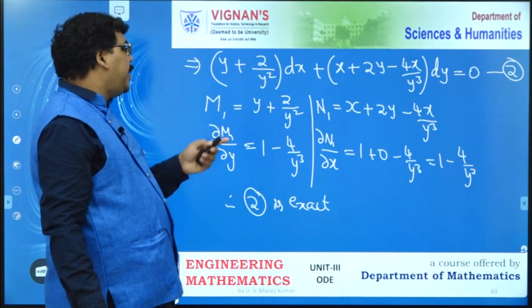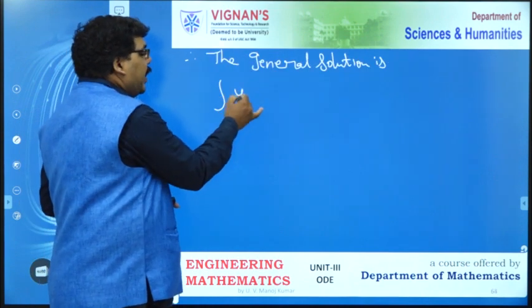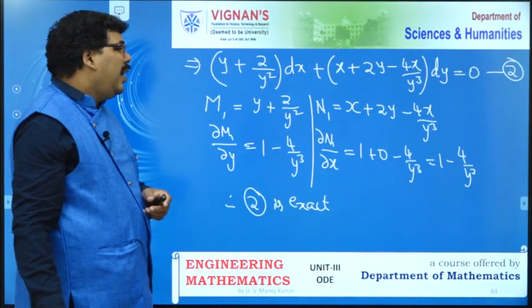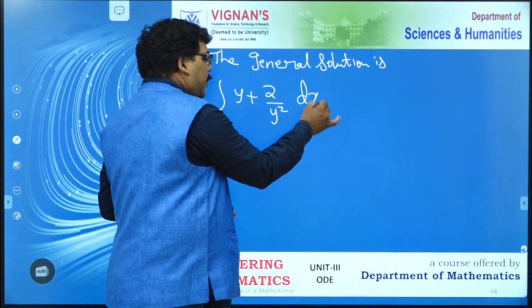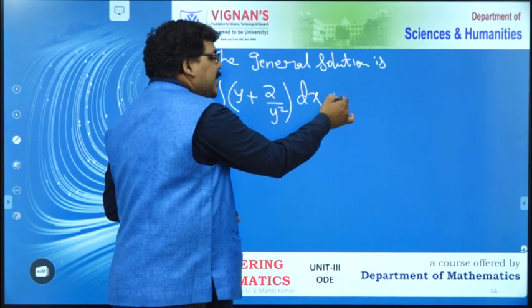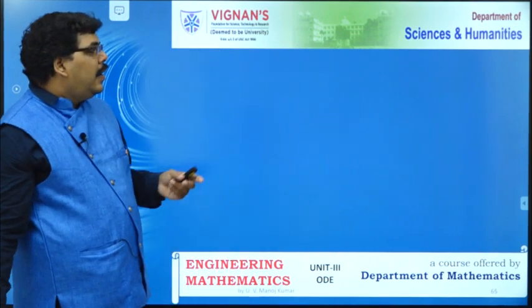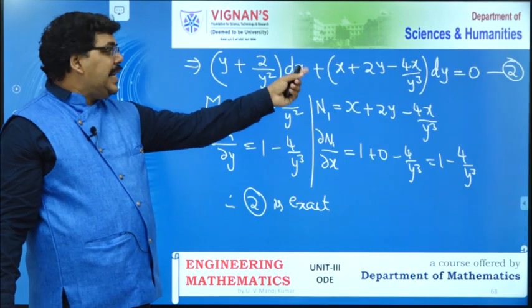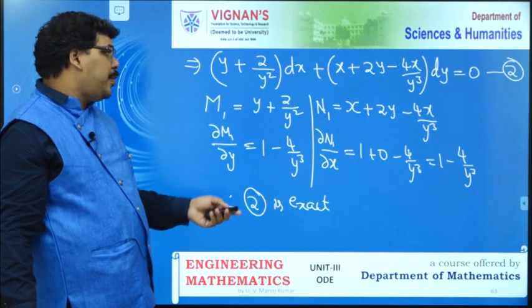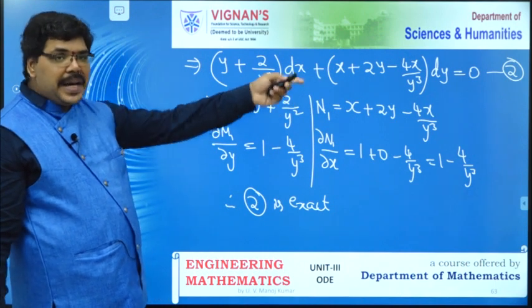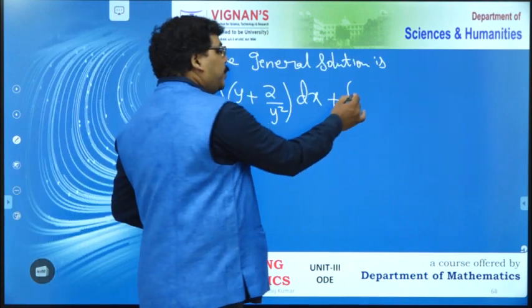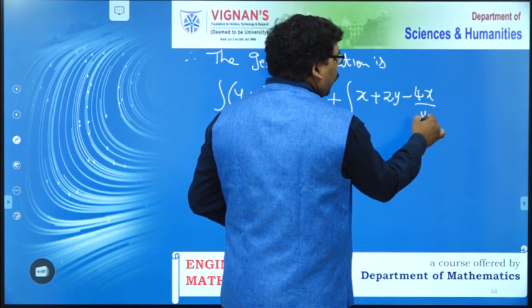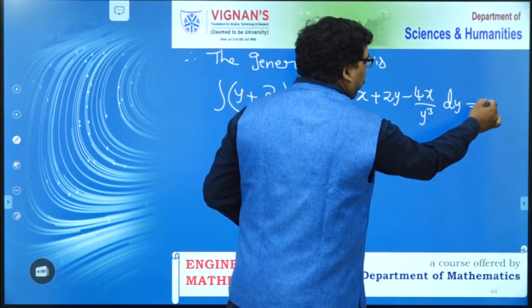Integral of y plus 2 by y square into dx, plus again integral of x plus 2y minus 4x by y cube dy.